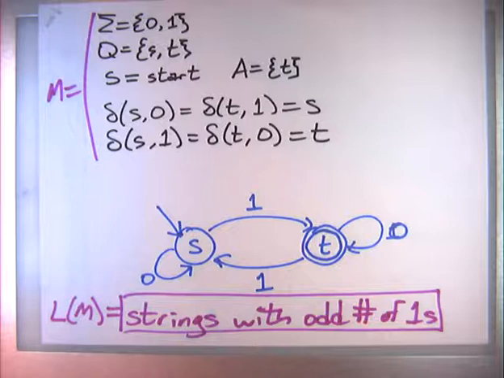There's an adjective that one might use to describe what kinds of languages could possibly be accepted by a finite state automaton. And the etymologically correct term to use here is automatic. A language is automatic if and only if there's an automaton that accepts it. But the word that we'll actually use is regular.